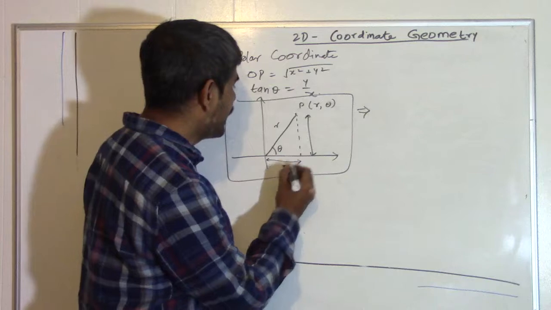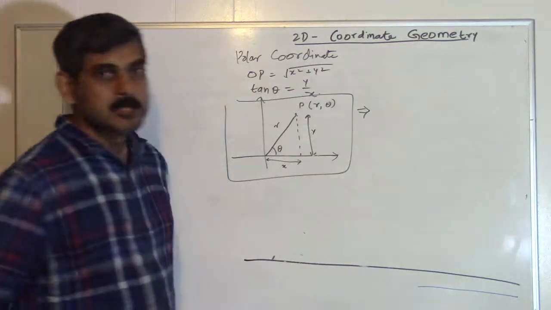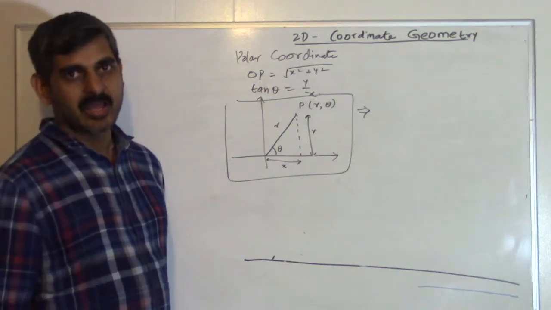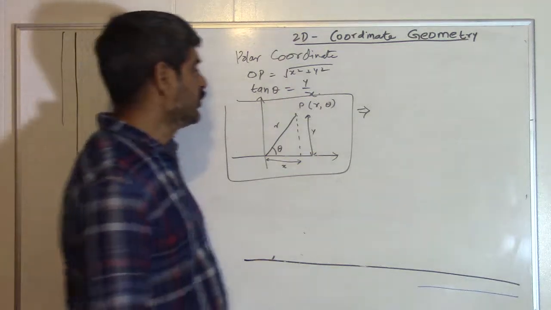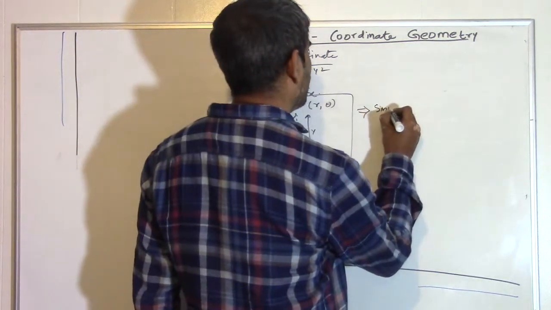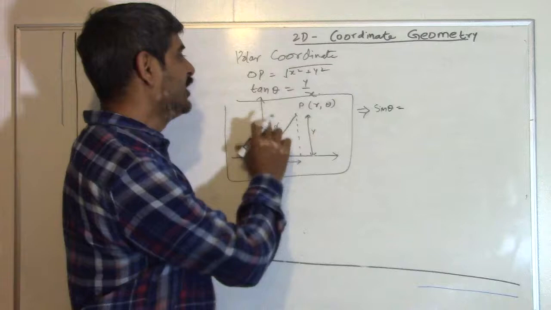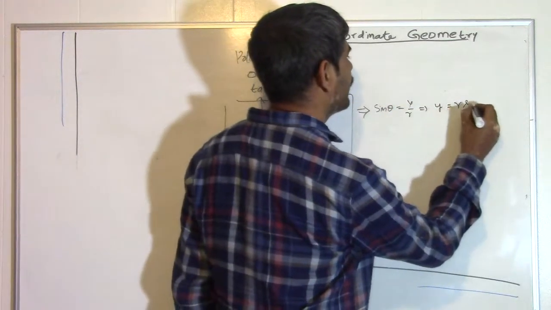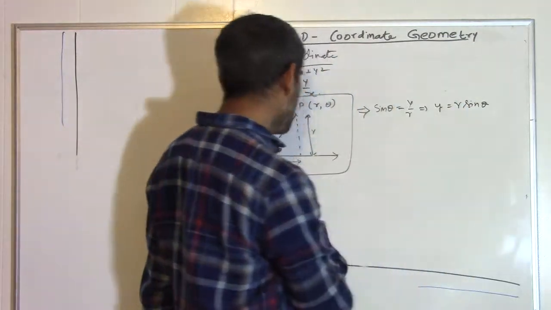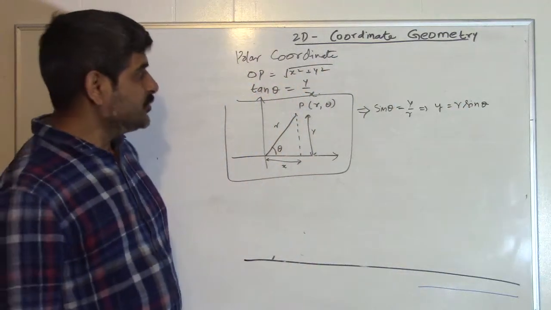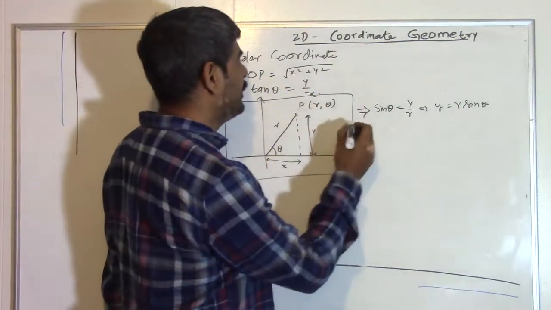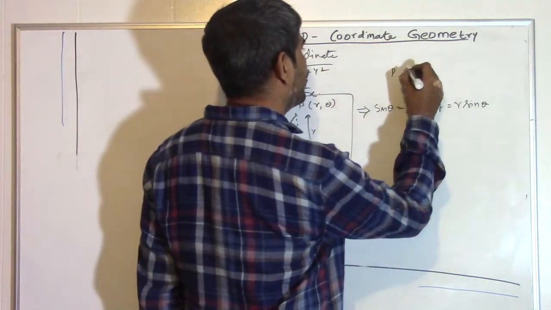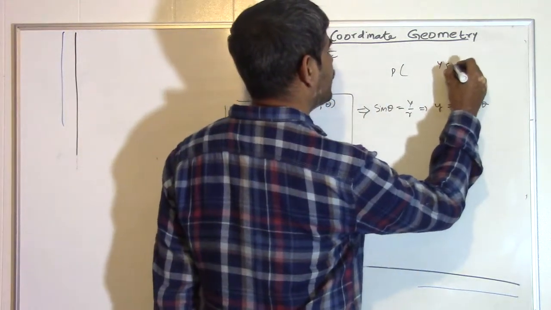If I call it distance x and let's just call it distance y, and I can apply the sine theta and cos theta formula. So sine theta will be equal to y divided by r, and from here you will get y is equal to r sine theta. Which means that this point P has y coordinate as r sine theta.